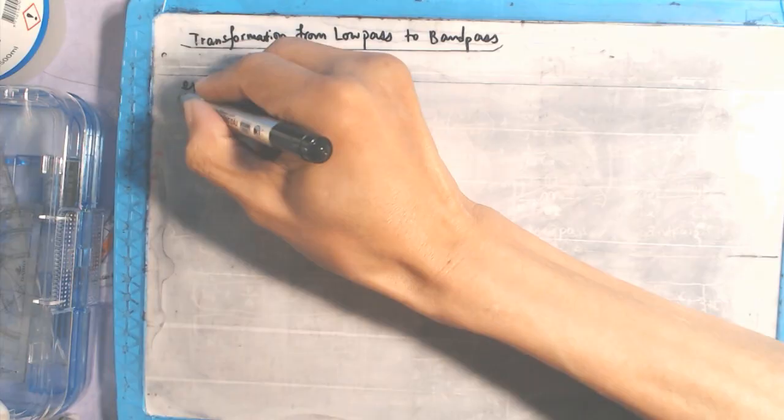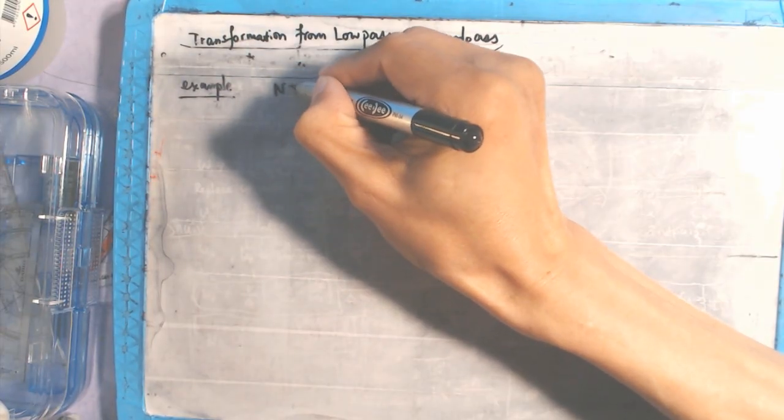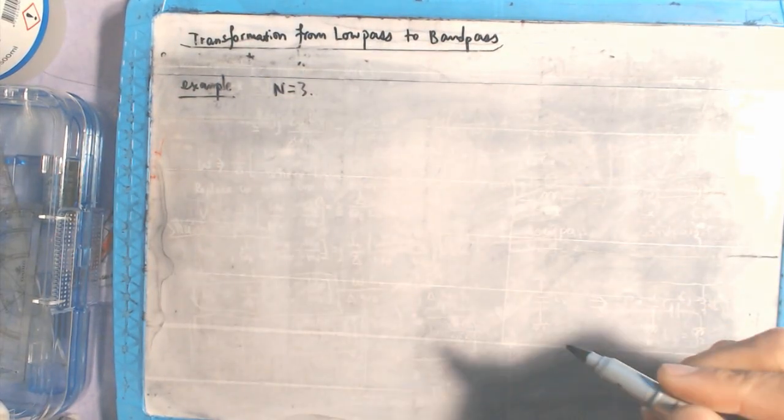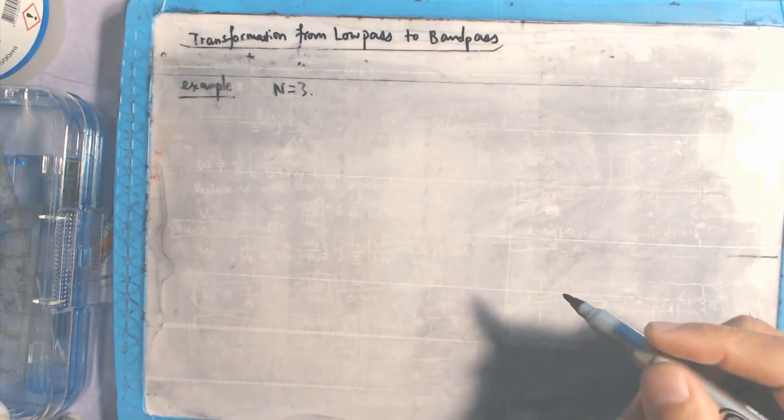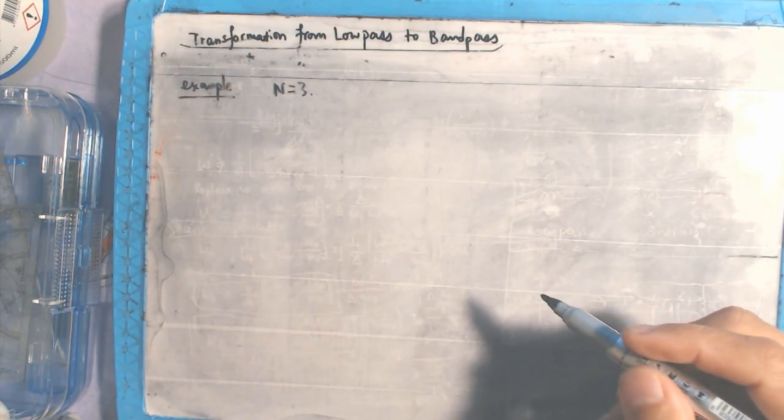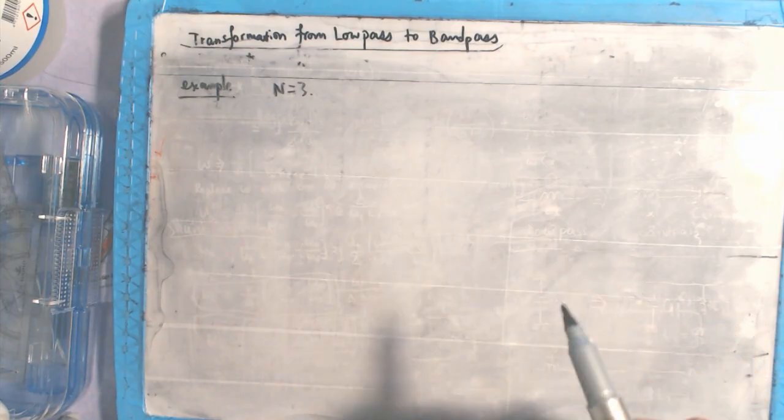N is equal to 3. So this is quite simple. We need to find out the prototype table.